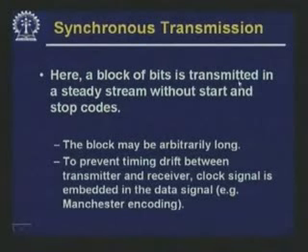So, for the purpose of efficiency, we need to go for synchronous transmission, where we send a number of blocks, each block containing a number of characters. The block may be arbitrarily long. To prevent timing drift between the transmitter and receiver, the clock signal is embedded in the data signal, for example using Manchester encoding.